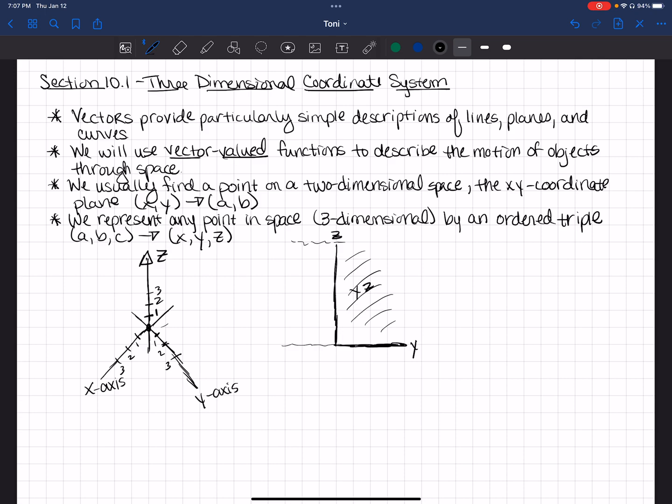Okay. Now we also have this x-axis. Here's the other wall right here. So this crease to the left is my positive x-axis, and this wall right here is my XZ plane, and the floor, this chunk right here, is the XY plane.